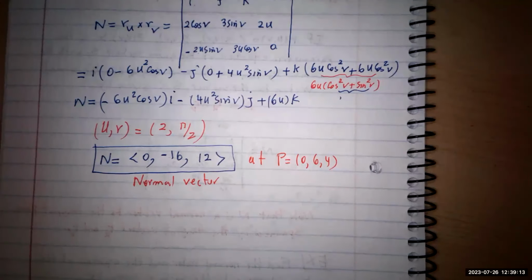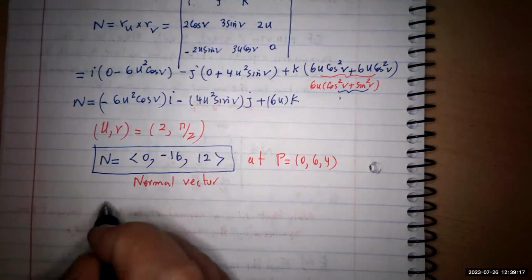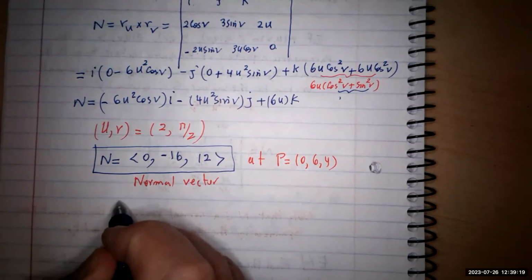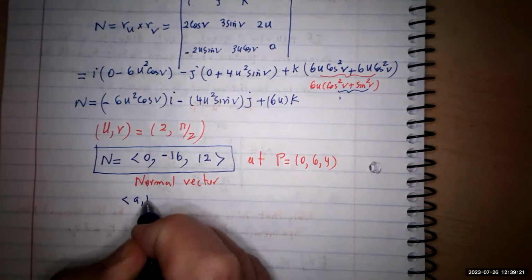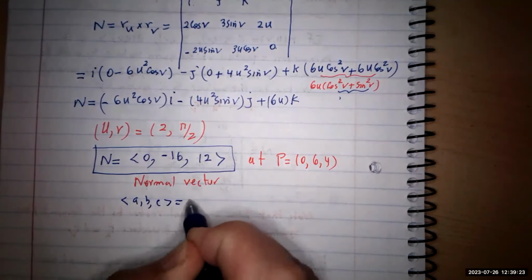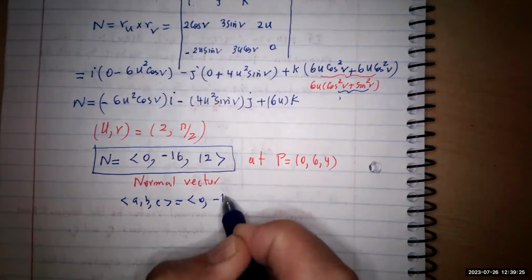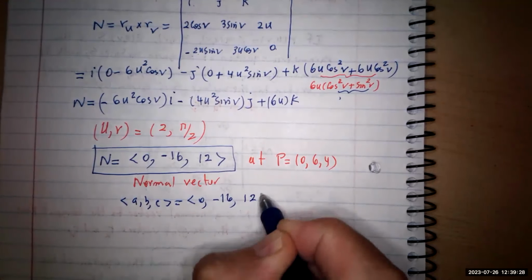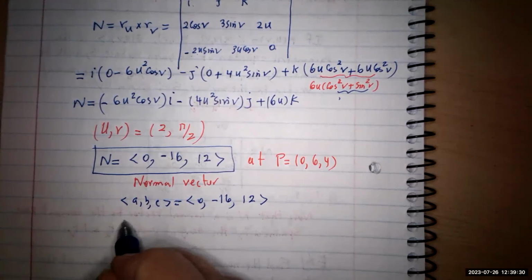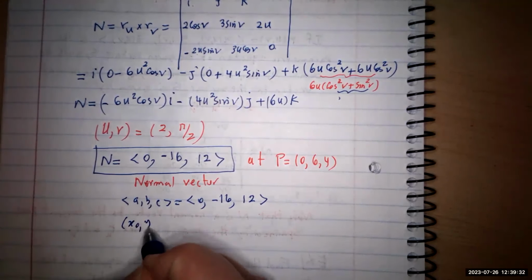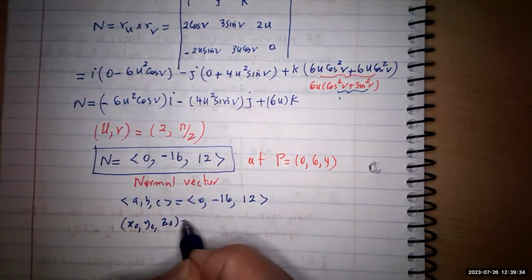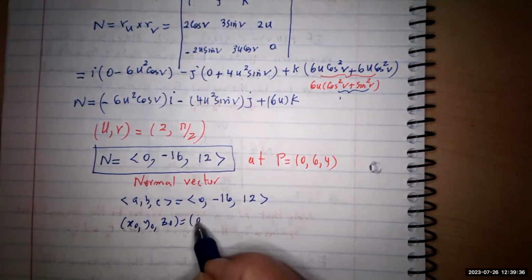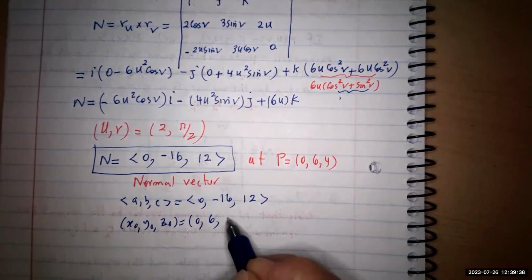The equation of a tangent plane: you have a normal vector a, b, c, if you like, that is 0, negative 16, and 12. And the point x0, y0, z0, just for your information, is 0, 6, and 4.